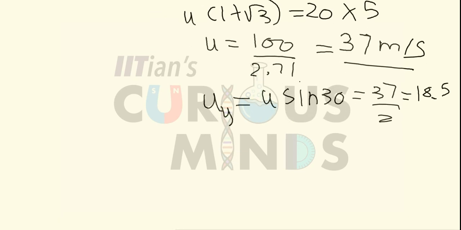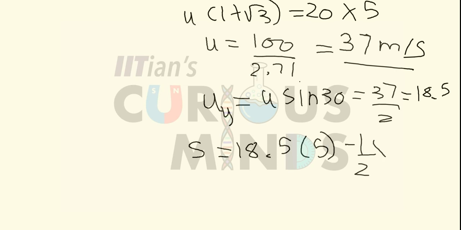Now s is equal to ut plus half at square, so s is 18.5 into t, the time given is 5 seconds, minus half into 10 into 5 square.